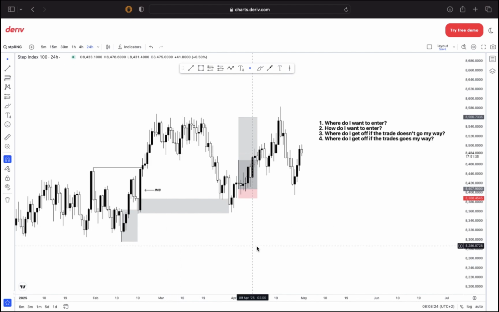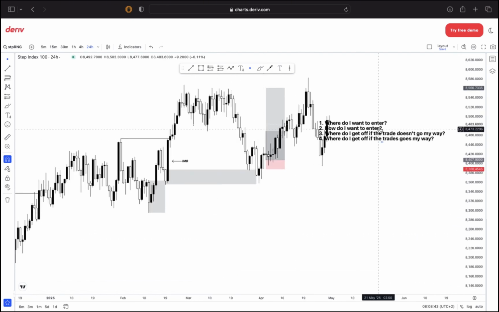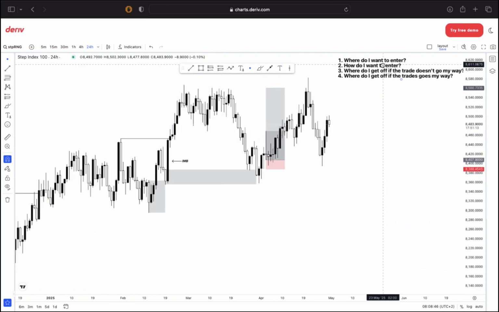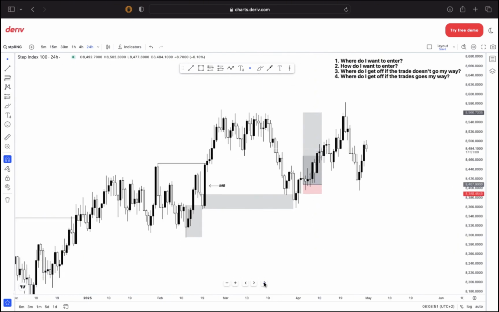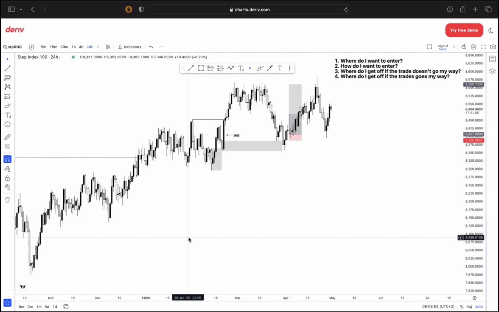For an example, on this particular trade on step index, I already identified where I wanted to execute a trade based on the number of confirmations after I analyzed the market. Here on the daily time frame, we can clearly see that the price action is currently creating breaks of structure to the upside.